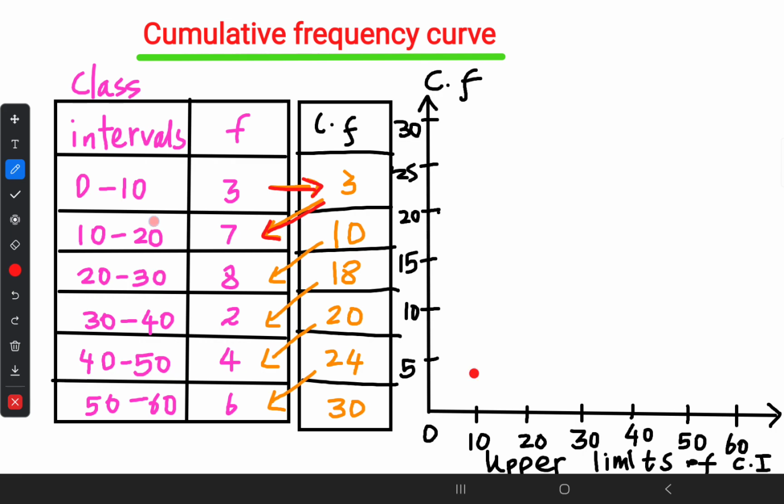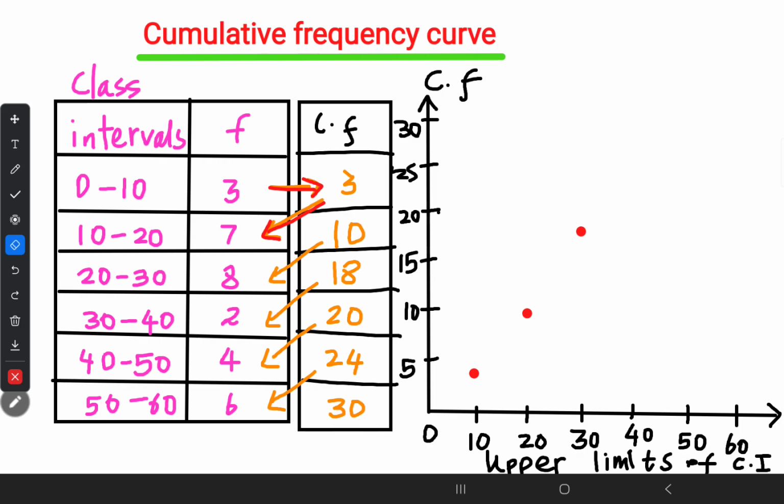Thereafter, the next coordinate would be 20 and 10. Second class interval's upper limit and corresponding cumulative frequency, 20 and 10, means exactly here. Then the upper class limit and corresponding cumulative frequency 30 and 18. That means it is greater than 15, somewhere here.